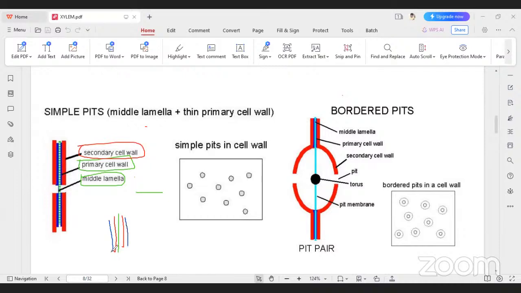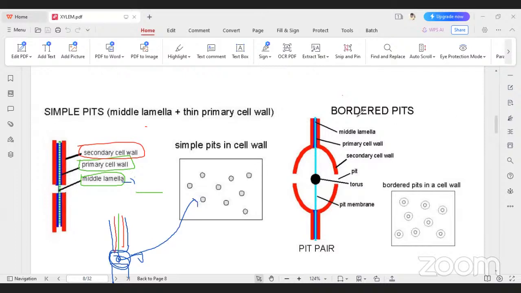This is the wall layer, and somewhere they leave gaps, like this. Only the middle lamella is present here. So this is in cross view. It appears as a round structure, like this. So this is the simple pit.